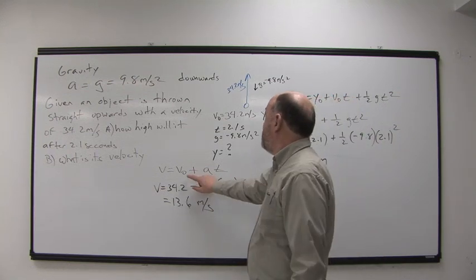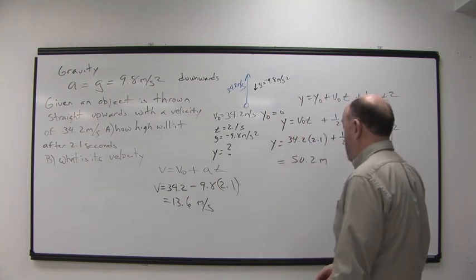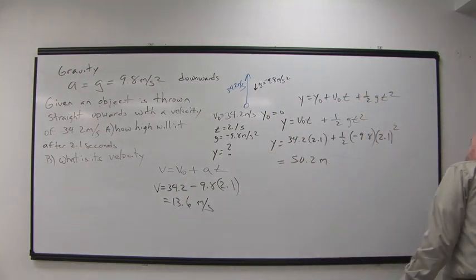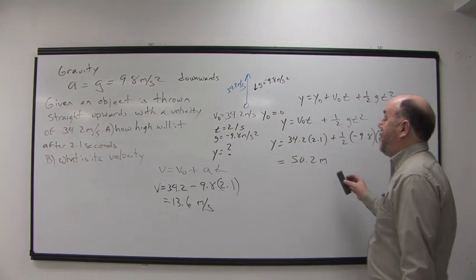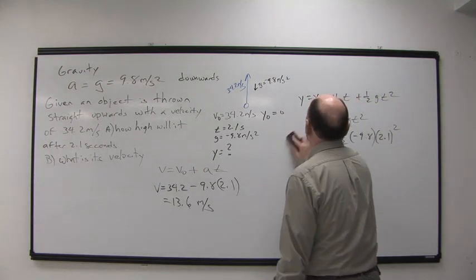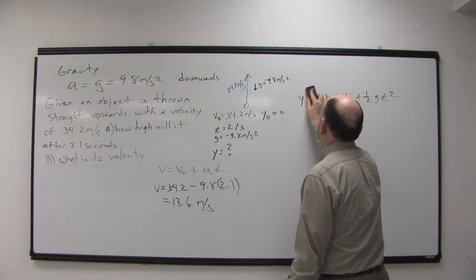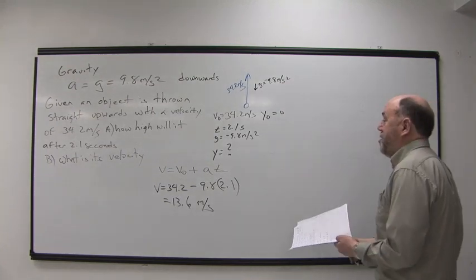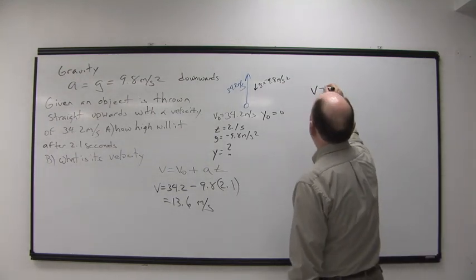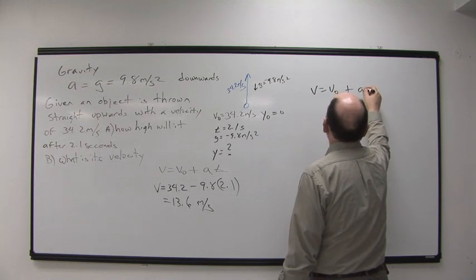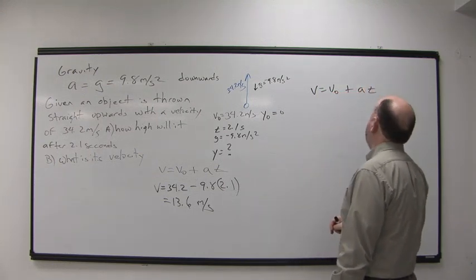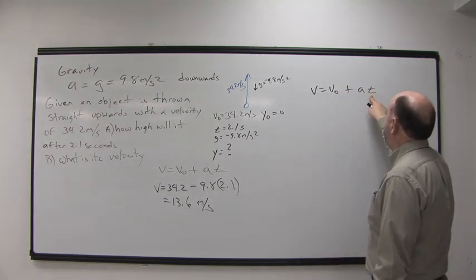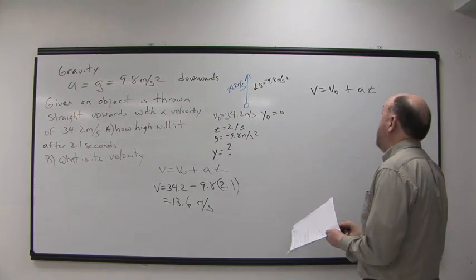And if I look at this equation here, and we'll see this particularly when we get to the next chapter, we can find how long the object will go up in the air. So if I take this equation, v equals v naught plus at, and I solve it for t.